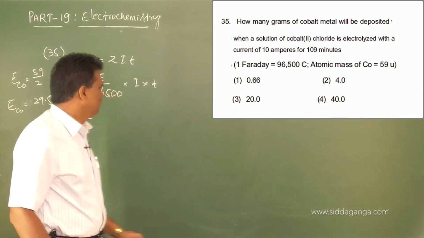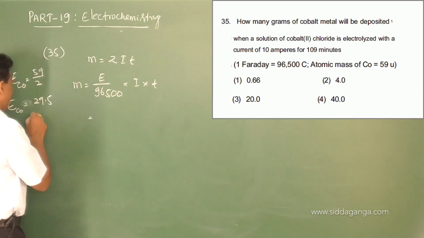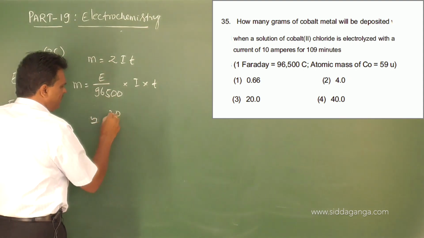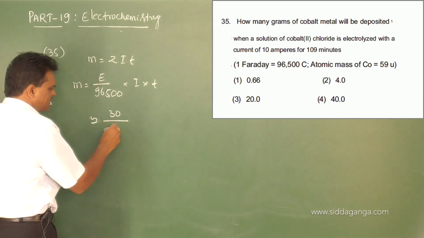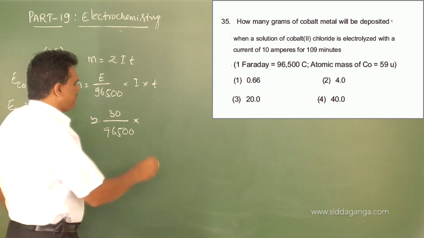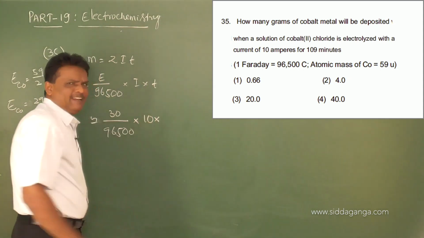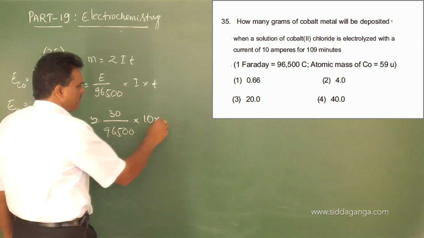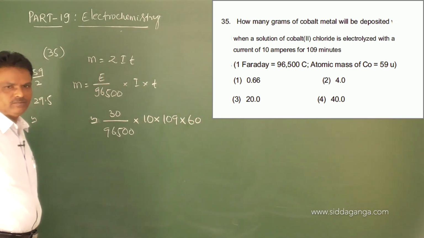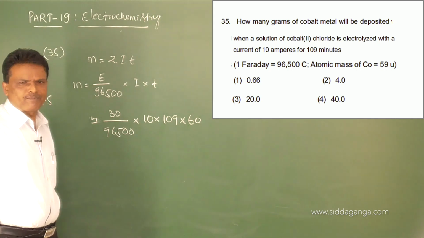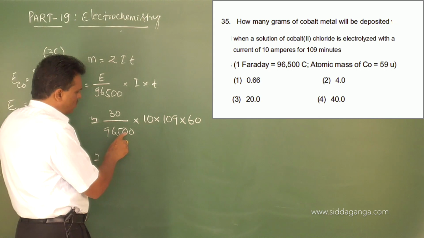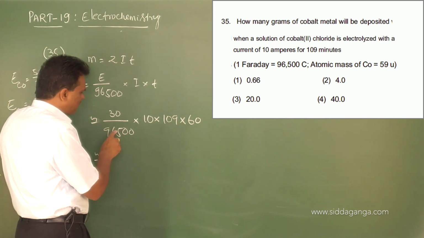So here, it is approximately equal to, say the equivalent mass is 30, divided by 96,500 into I. Current is 10 amperes multiplied by T. So 109 minutes, so 109 into 60, in terms of seconds. Is it clear? This is approximately equal to, I will take 96.5.